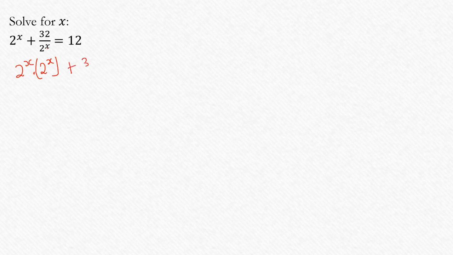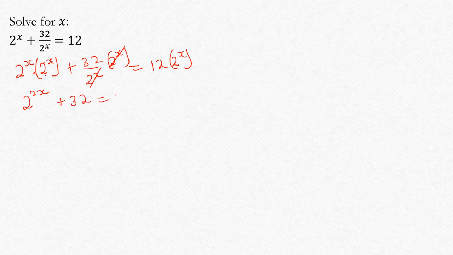Then plus 32 over 2 to the power x times 2 to the power x is equal to 12 times 2 to the power x. Okay, 2 to the power x divided by 2 to the power x is 1, so we remain with 2 to the power 2x. When multiplying powers with the same base, we add the exponents, x plus x there. Okay, plus 32 is equal to 12 times 2 to the power x.